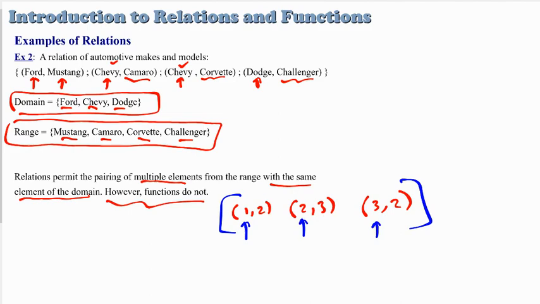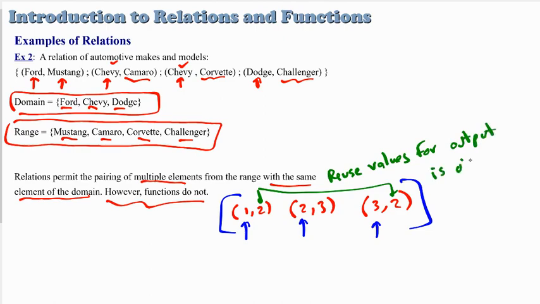It is okay that I reuse values for the output. It's still a function, even though I'm reusing the number 2 in the output from the range.